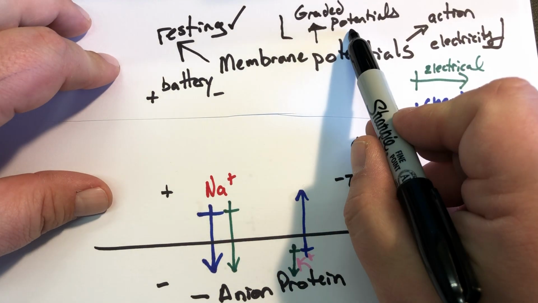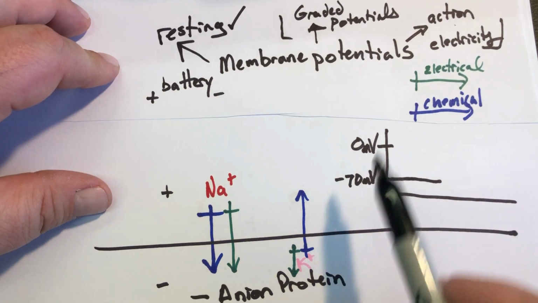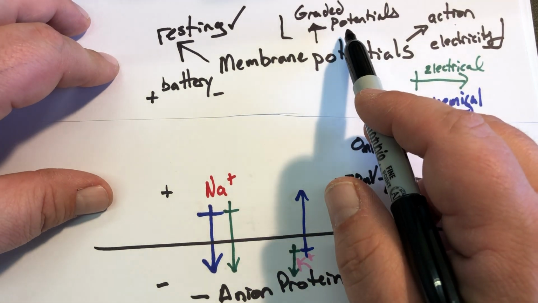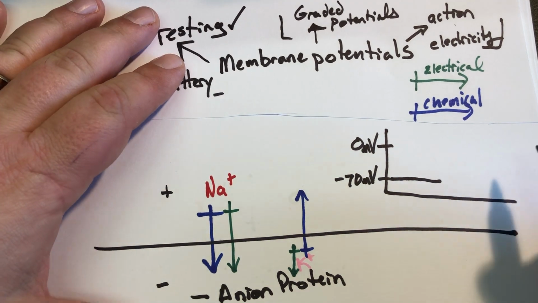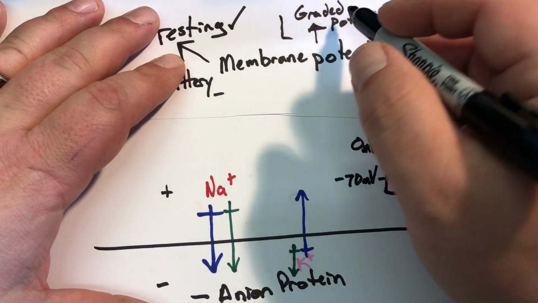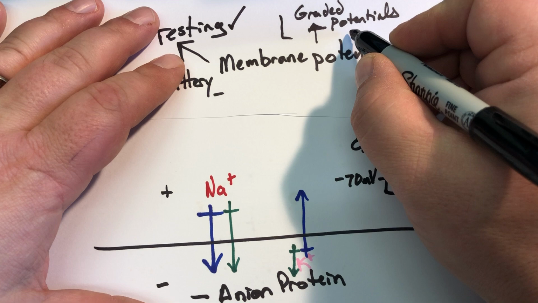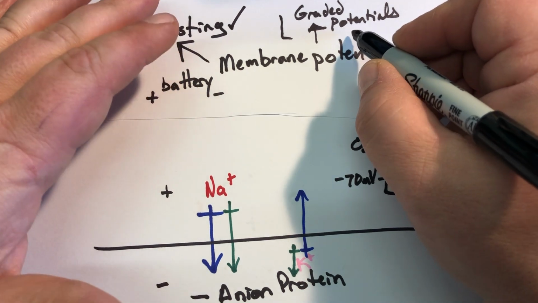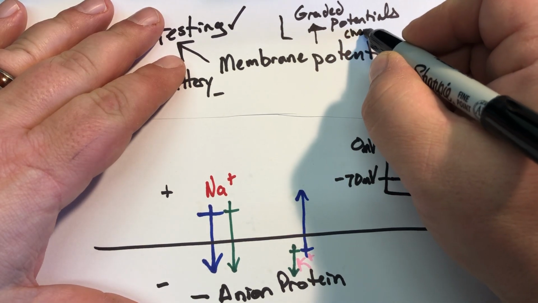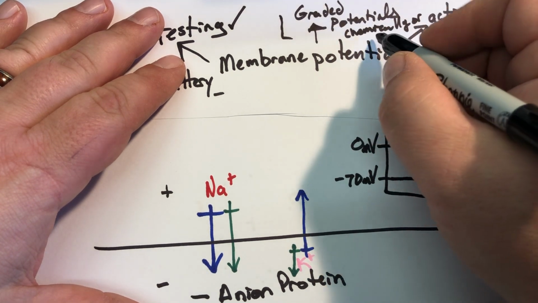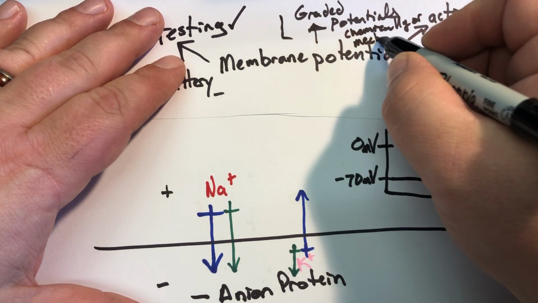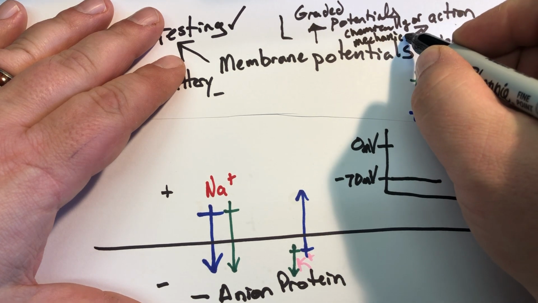The difference between a graded potential and an action potential is that graded potentials are only going to move us a little bit, whereas action potentials are all or none. The difference in these two is that a graded potential is going to be caused by some either chemically or mechanically gated channel.